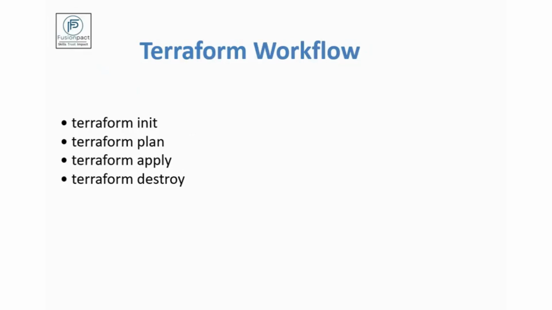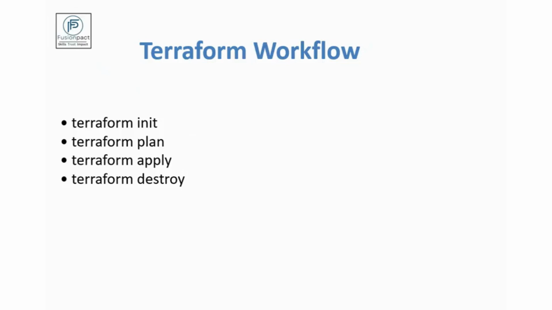So the Terraform workflow: we write the infrastructure as code in a .tf file, then we use the terraform init command to initialize and install the available providers mentioned in the .tf file.